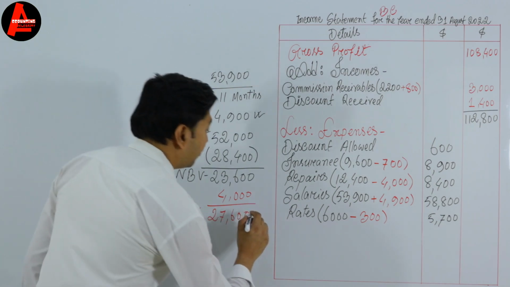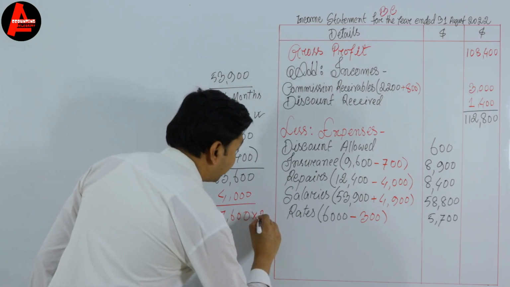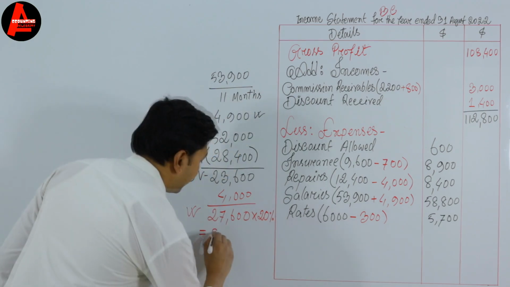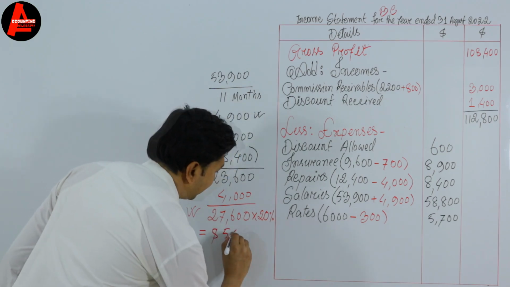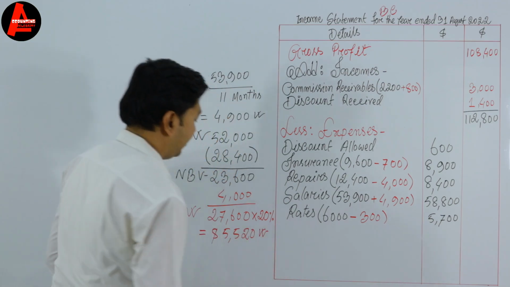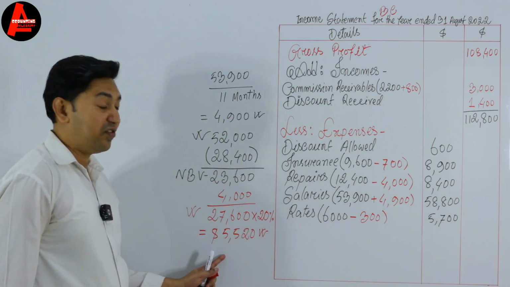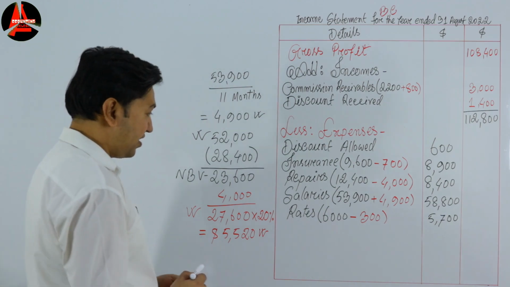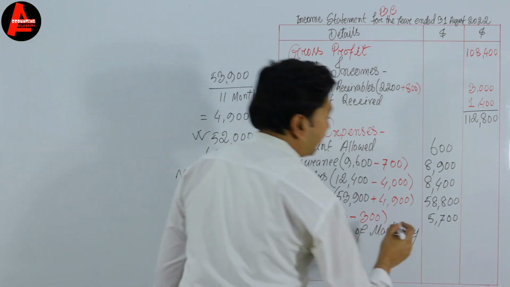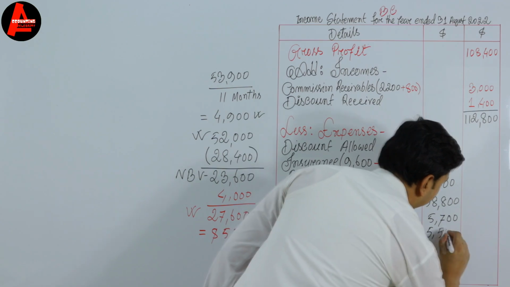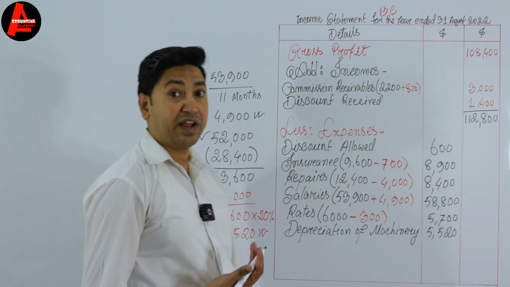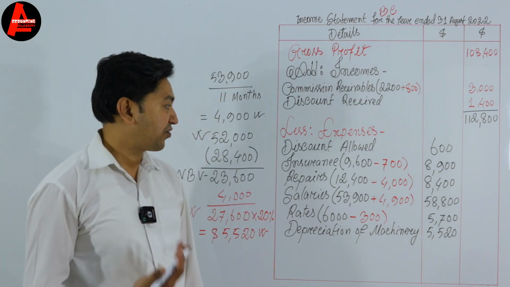So if we multiply by 20%, we get 5,520. This is the depreciation of machinery. Good. So let us write here depreciation. Here we calculated $5,520. So these are our expenses in this question.